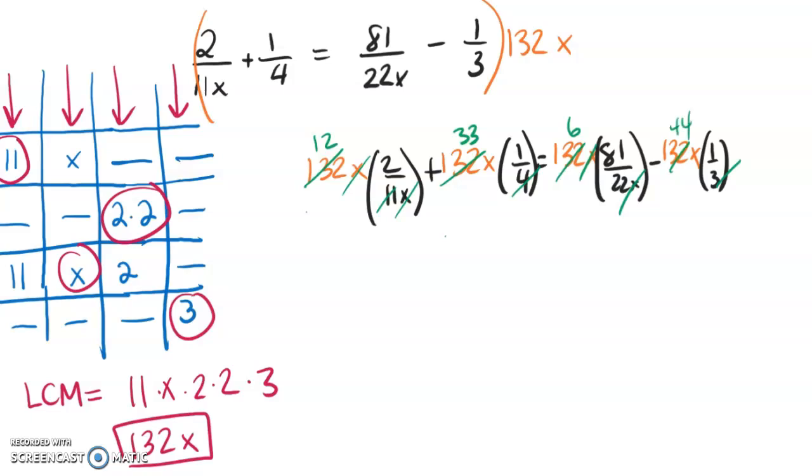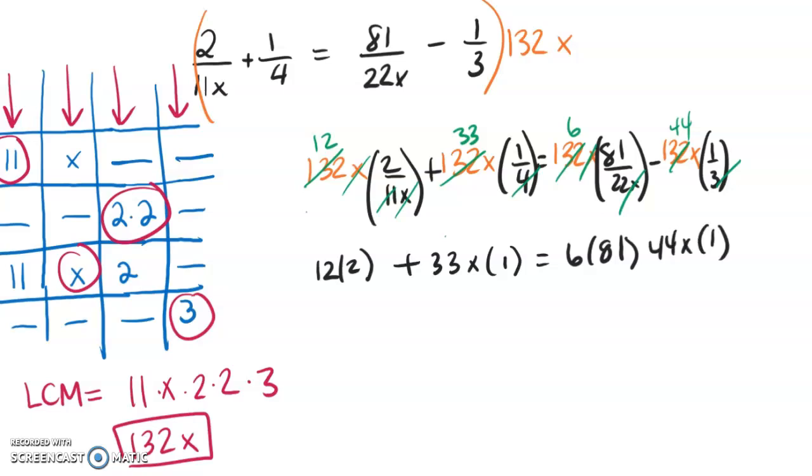So what's left, we've got 12 times 2. We have 33 times 1. I'm sorry, 33x. So the x is not crossed out there. So 33x times 1. Then we have 6 times 81. And then lastly, we have 44x times 1.